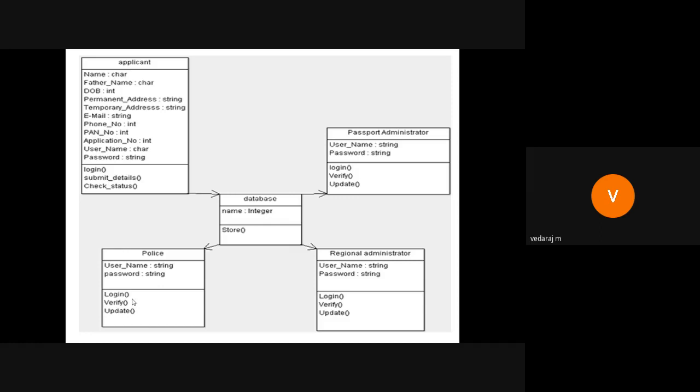This is a very important 16 mark question. Anyone unmute and tell me what classes are possible in hospital management system?